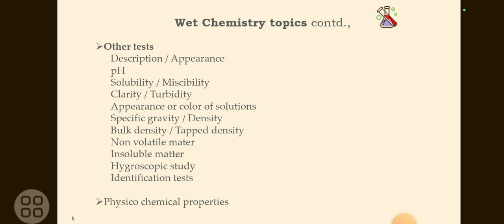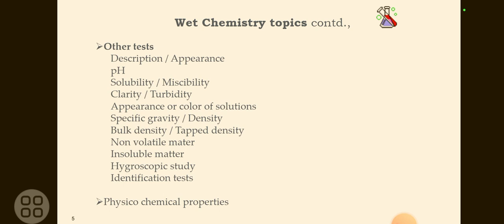So next, a very important topic is the physico-chemical properties. These are basically required for filing purposes, and also to develop some of the methods. Physico-chemical properties include the characteristic properties like solubilities, hygroscopicity, melting points, log P values, log D values, and separation techniques.